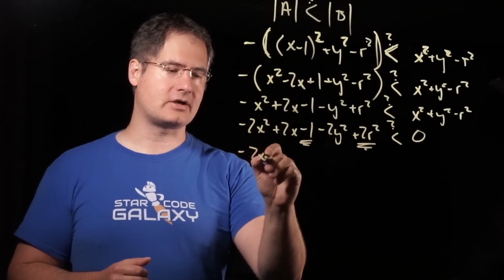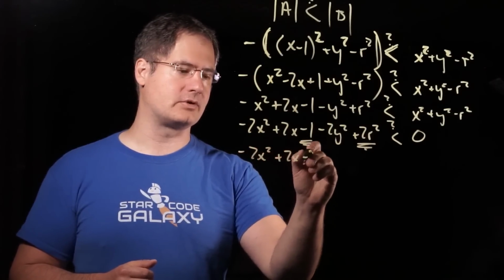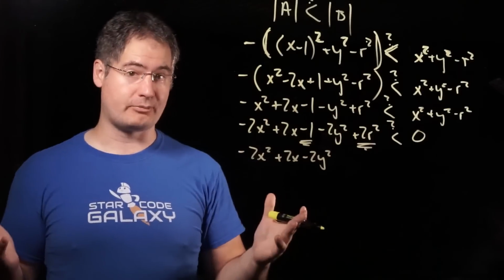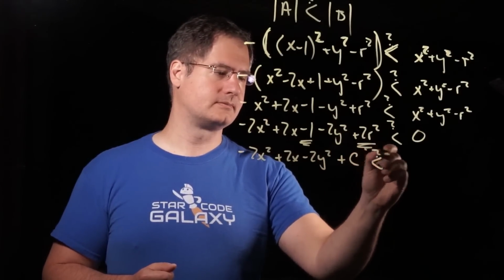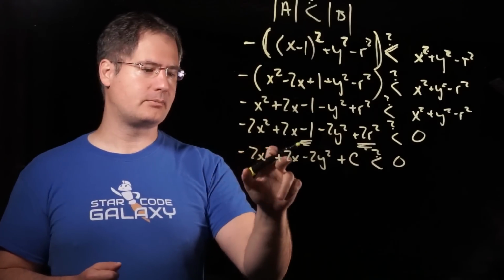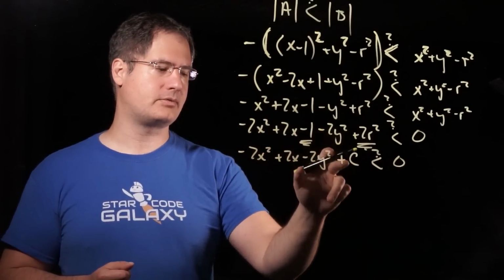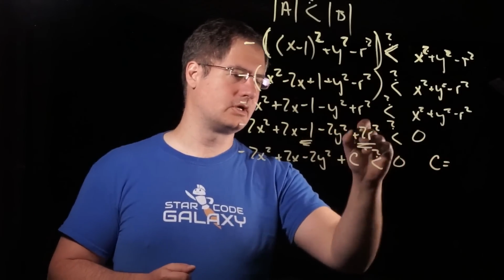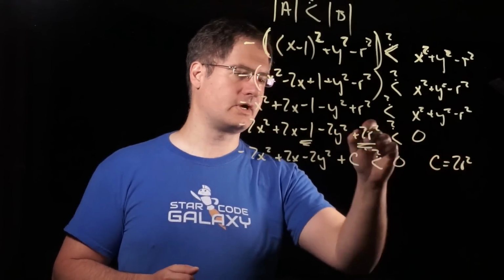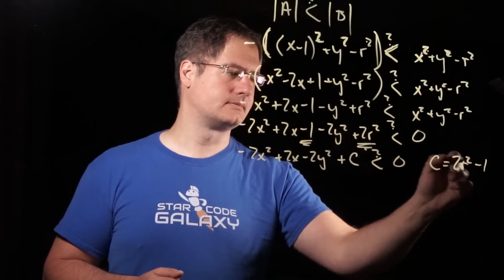So gathering our constant terms together, since we would assume those will be ripe for precomputation, we have this. Negative 2x squared plus 2x minus 2y squared plus c less than or equal to 0, where c is equal to 2r squared minus 1.